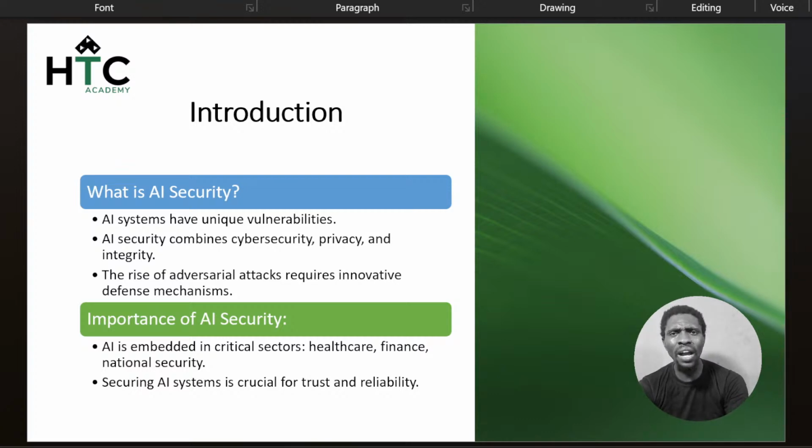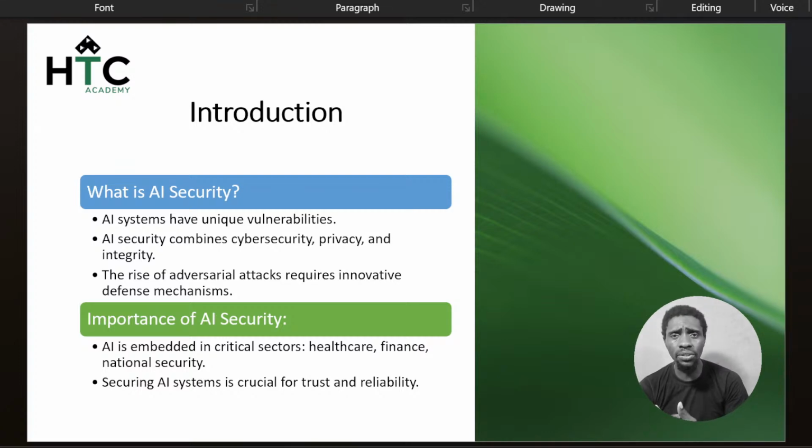So why is AI security important? The first reason is that AI is going to be integrated into various aspects of our lives. Our healthcare, our patient data, our financial transactions, and the like are going to be embedded with AI. Because of this, it's important that we secure AI systems.